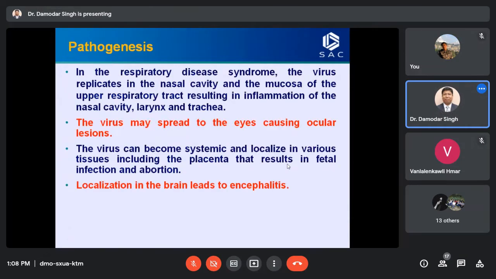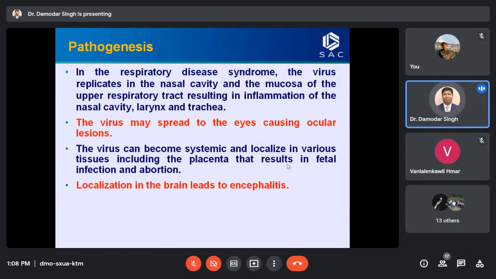Then coming to pathogenesis in the respiratory disease syndrome, that means the main IBR, the respiratory tract involvement. In that case, the virus replicates in the nasal cavity and the mucosa of the upper respiratory tract, mainly the nasal cavity and the trachea, right?